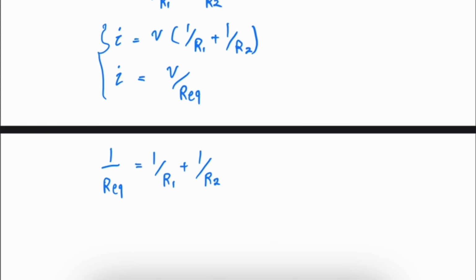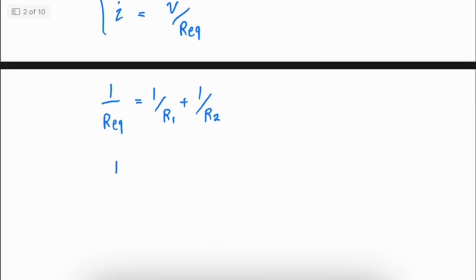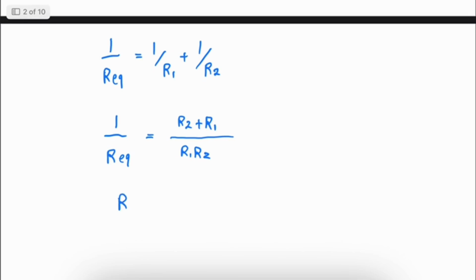If you want to solve for R equivalent, we can take the common denominator: 1 over R equivalent is equal to R2 plus R1 over R1 R2. So R equivalent can be written as the product of R1 R2 over R1 plus R2.